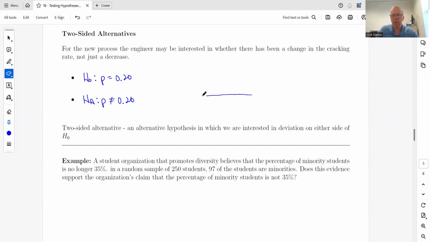Now if we draw this normal curve, we'll start at the 0.20 in the middle. The sample proportion, if you remember from the first page, is 17%. Now we're also going to go the same distance in the other direction, so that'd be 0.23. It's not really that important what this side would be, and a lot of times it's more trouble than it's worth to figure out what that number would be.